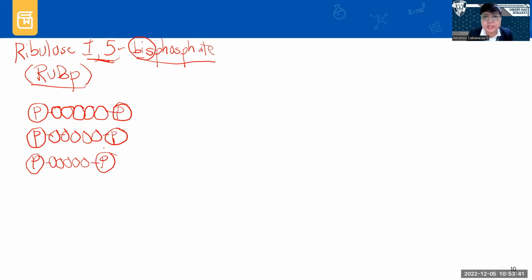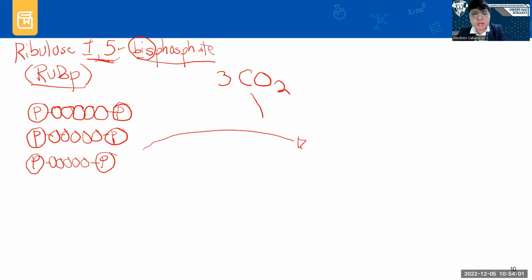So we will now start with the first stage or first phase called carbon fixation. So ngayon, papasok yung carbon dioxide. So we need 3 molecules of carbon dioxide for this carbon fixation. Meron tayong enzyme that will facilitate this fixation process. We call this enzyme as Rubisco.